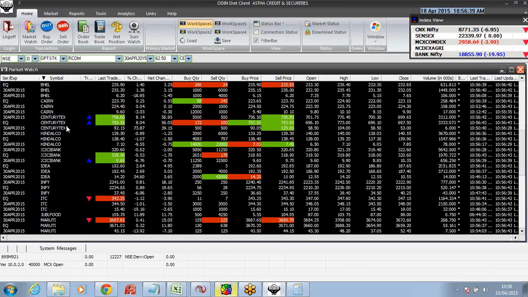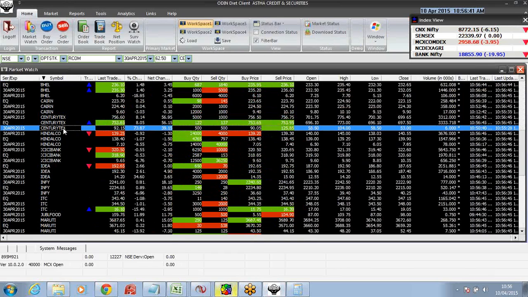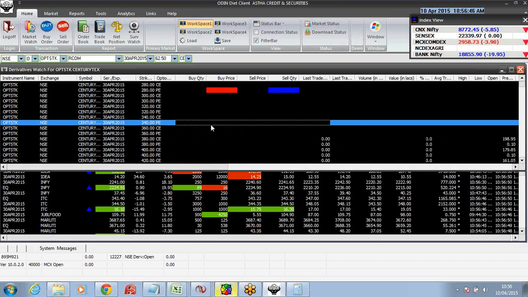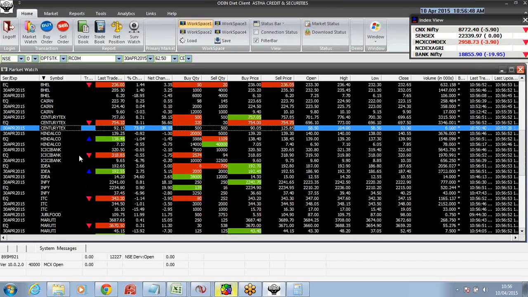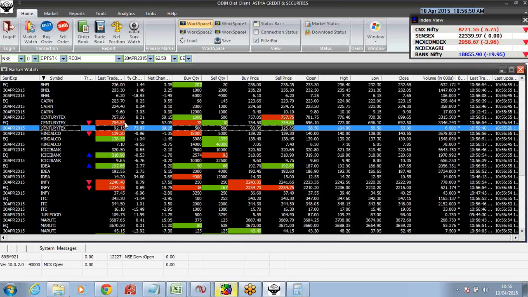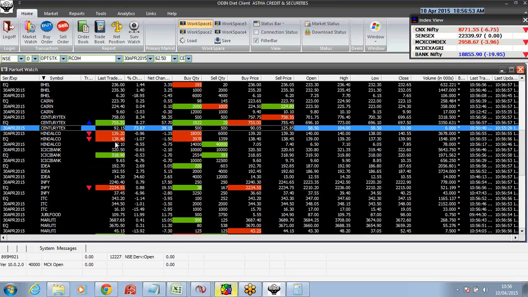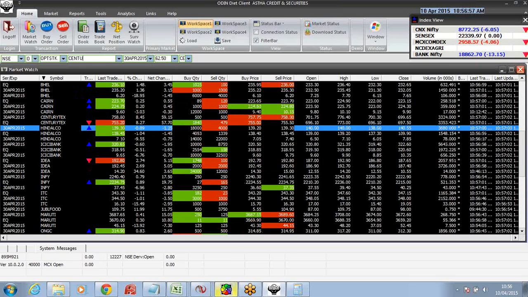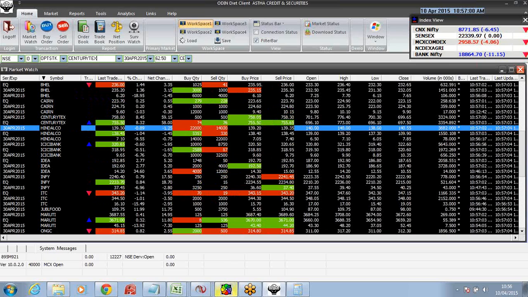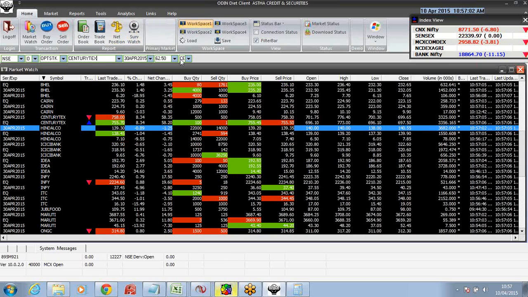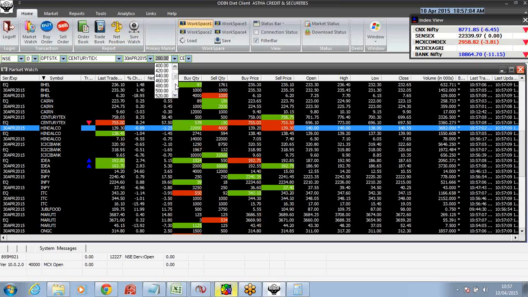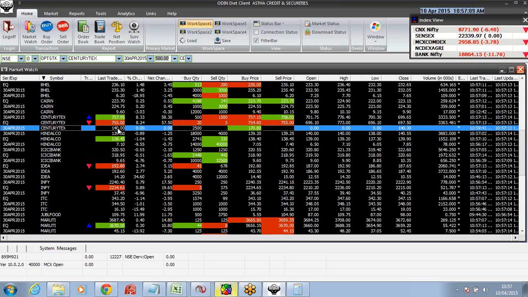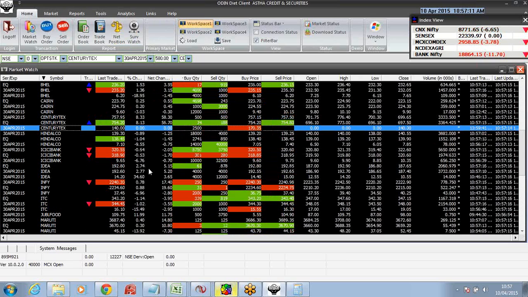So Century Textiles, it's around 140 rupees now.